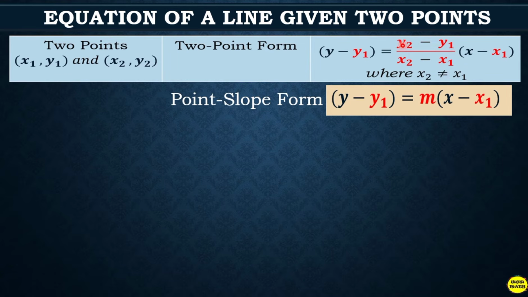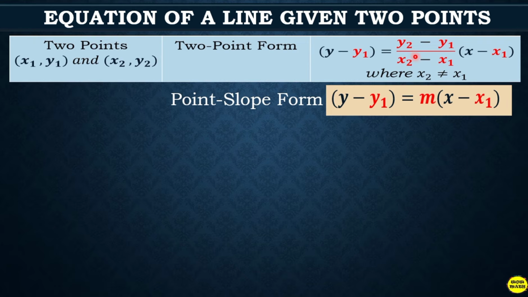That's why the formula for the slope is given. Ito po yon, y sub 2 minus y sub 1 over x sub 2 minus x sub 1. If you can still remember, this is the formula for the slope, right? So, that is the difference. As you can see, pareho lang sila. y minus y sub 1, x minus x sub 1. So, the only difference is dito sa point-slope form, given na ang slope.